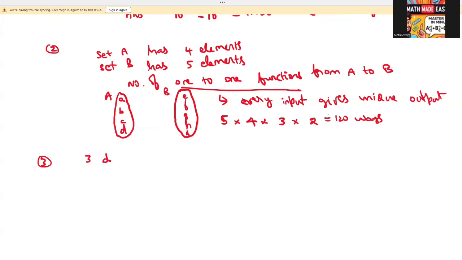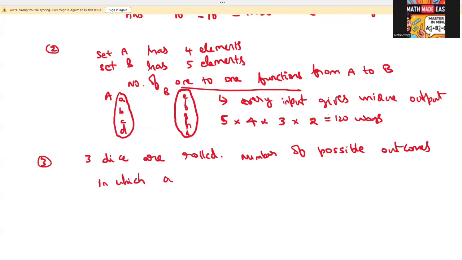Next, 3 dice are rolled. Number of possible outcomes in which at least one die shows 5.